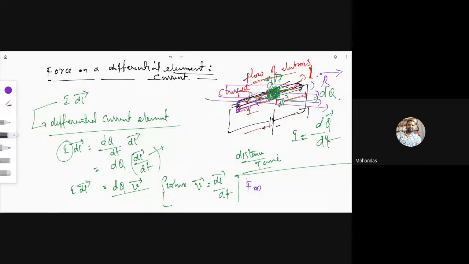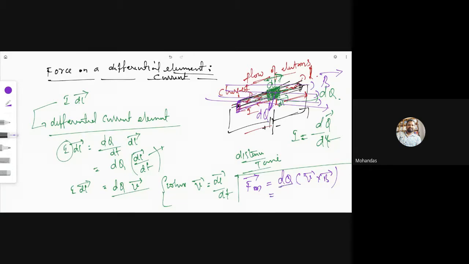What is the force in the magnetic field on the differential conductor? Or what is the actual formula? Q into V cross B. Q into V cross B. But here we took dq. In the differential length there is a differential charge, so for that I have to write dq.